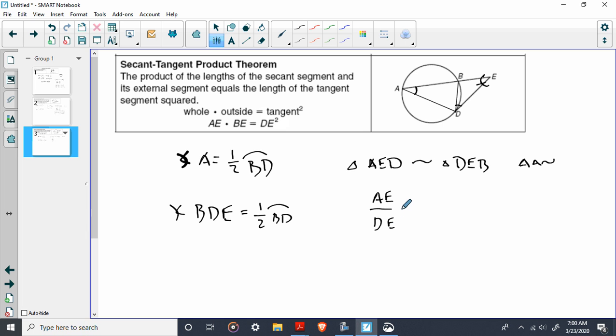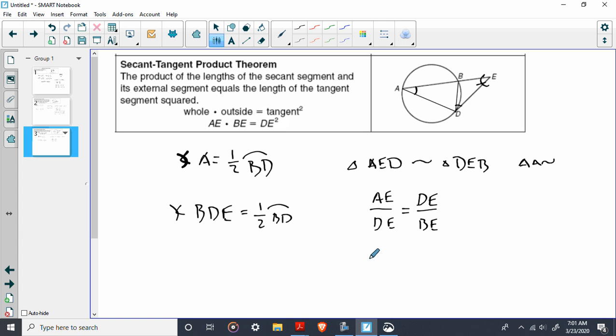And what is the longer side in the smaller triangle? It's going to be the same thing. It goes from the one stripe angle to the one with the little hash mark on it. So that's going to be DE as well. DE is the short side of the bigger triangle and the long side of the smaller triangle. So DE is to BE.